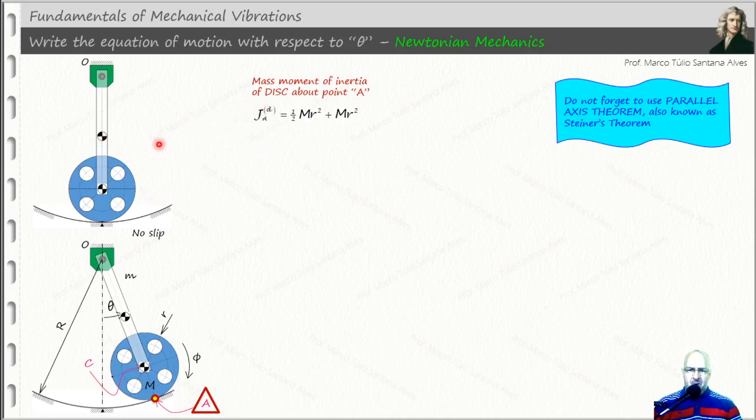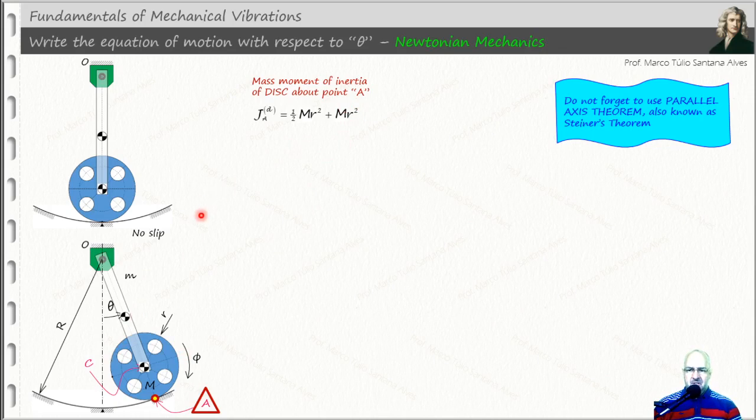The mass moment of inertia of the disk about A can be calculated as its mass moment of inertia about its CG here, sorry, plus its mass times squared R. Why R?